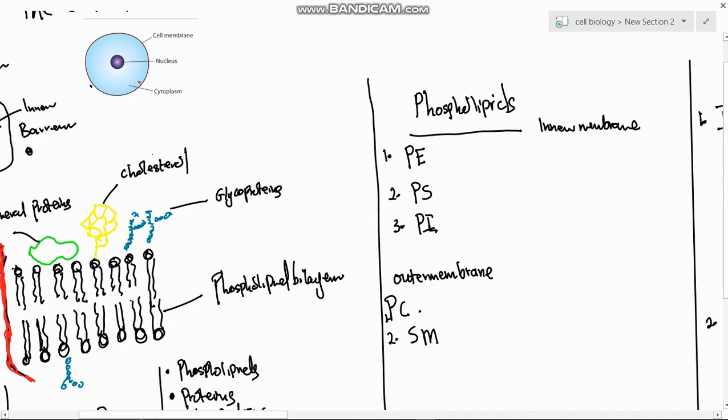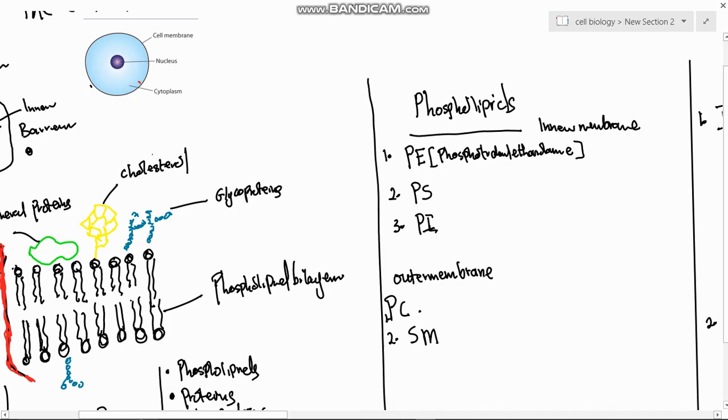We have the PE, which is also known as phosphatidylethanolamine, however you pronounce it. This is one of the components of the inner membrane. It has an ethanolamine head.